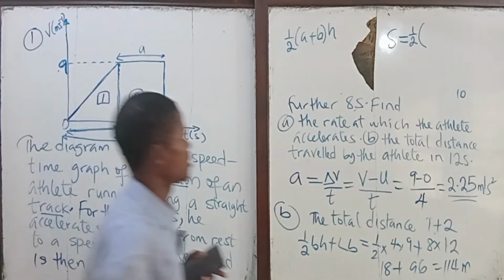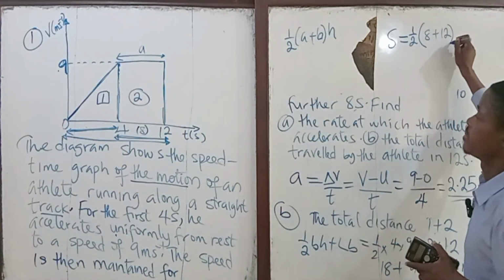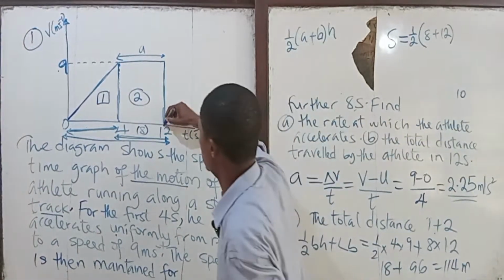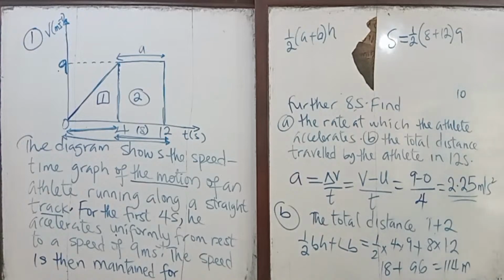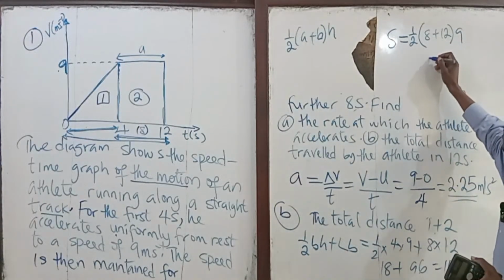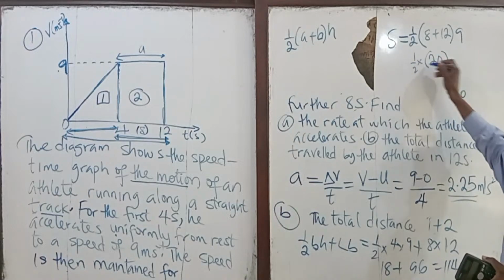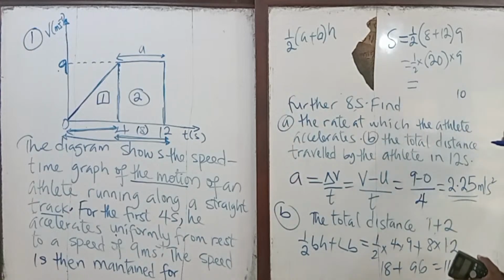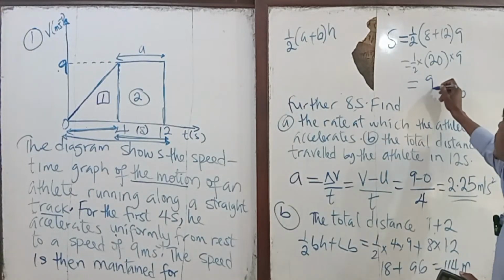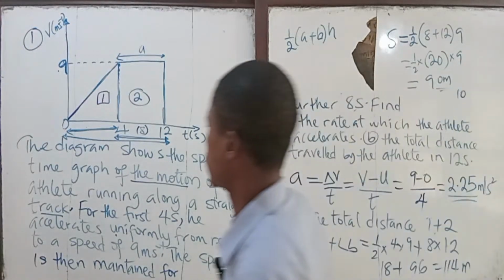So a plus b is 8 plus 12, and the height is 9. So this gives 20 times 9, which is 90 meters.